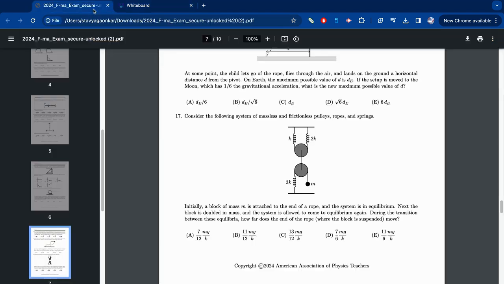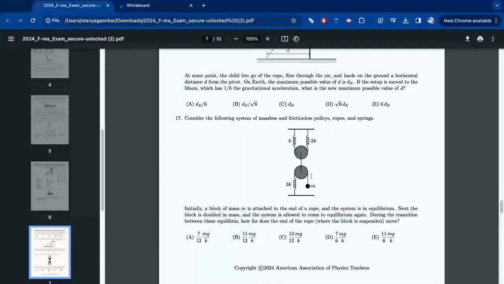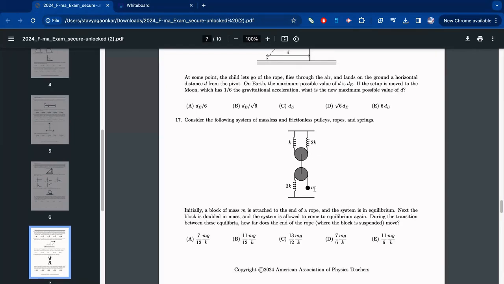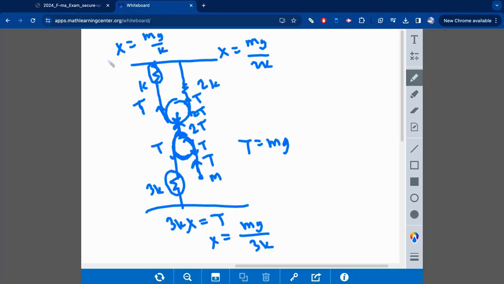So now what it's asking is, what's going to happen if we replace it with 2mg? So what's going to happen then is that the tensions are going to change, which are going to make the springs stretch more. So for example, for this spring, instead of mg over 3k, it's going to be 2mg over 3k.